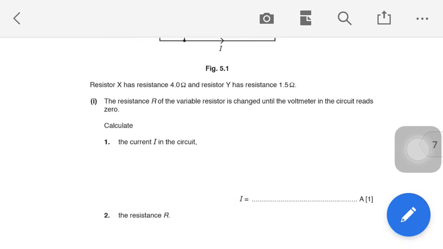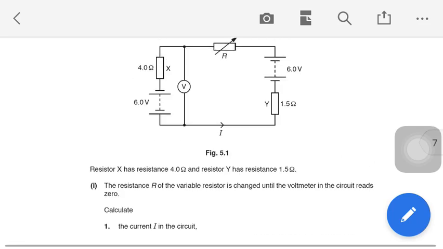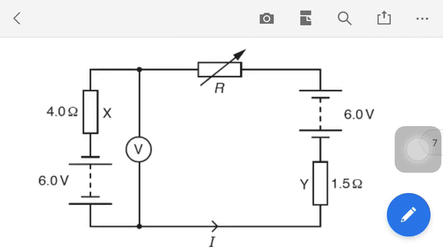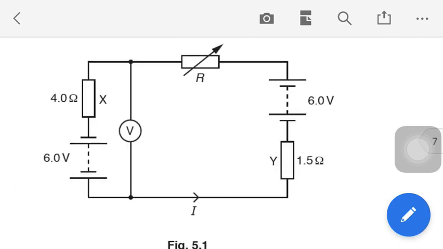And that's all the information that they are giving you, and then they're asking you to calculate the current I in the circuit. Well, the third good news is there is no I getting divided into branches. It's just one complete loop. So the I is going to go round and round.